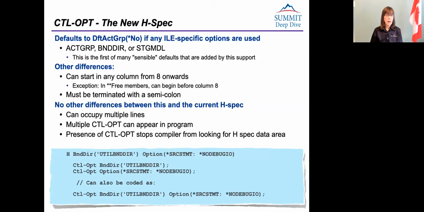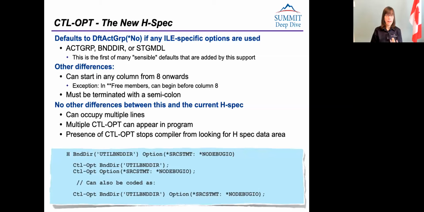So for example, if you have procedures in your code or are using procedures in your code, then you used to have to specify default activation group no. You don't have to do that anymore if you have any other ILE specific options used.